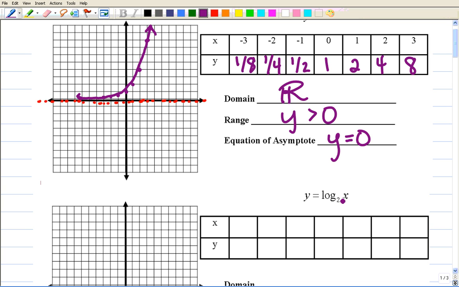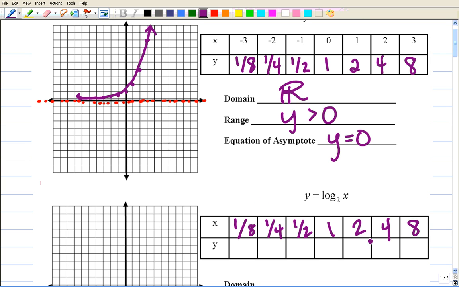And so our base is still 2 here, but let's see what happens. I'm going to fill in this table of values with this. I have 1/8, a 4th, half, 1, 2, 4, 8. Okay. So for each of these, I'm saying log base 2 of 1/8 is equal to our y value.